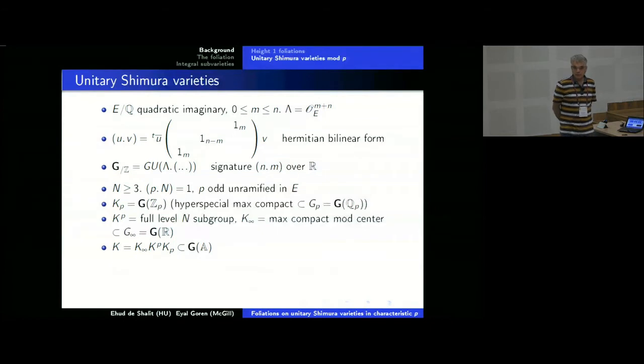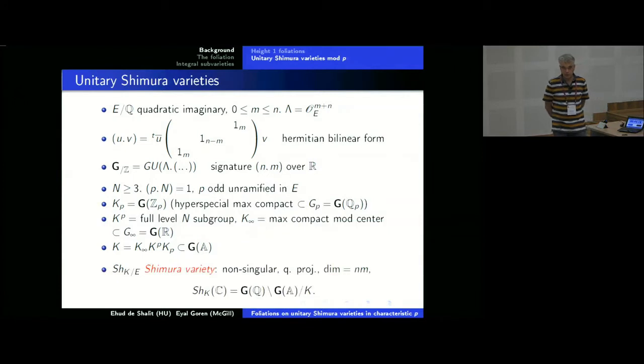A prime p, which is odd and unramified in E, either split or inert, prime to N. I take my K_p to be the hyperspecial maximal compact, the Z_p points of this group scheme at p, and away from p, I take the full level N subgroup, and K_∞, the maximal compact subgroup, so except for the G_m, which is the center, it's U(n) × U(m) at infinity, and then I take my K to be K_∞, K^p, K_p inside the adelic points.